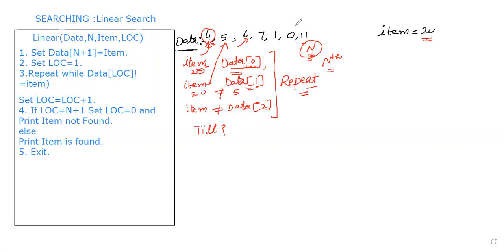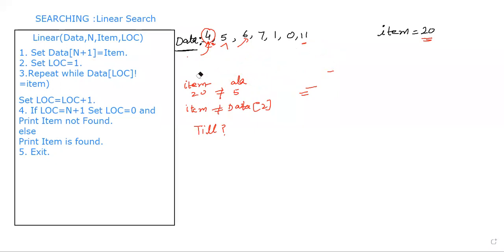So there are two ways with which we proceed with this strategy. The strategy I have just mentioned is when you are comparing the values one by one. Now there is another strategy which is followed. In this case, the first thing we will do is insert the item which we are trying to find at location number n plus 1.